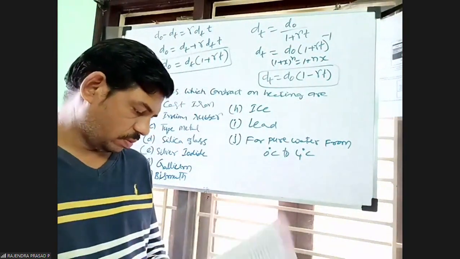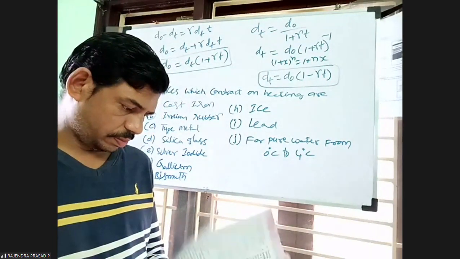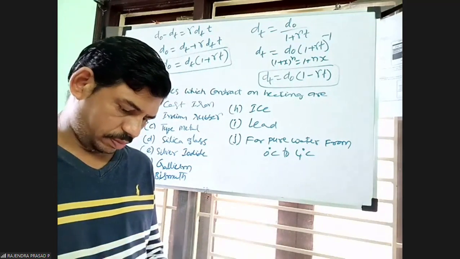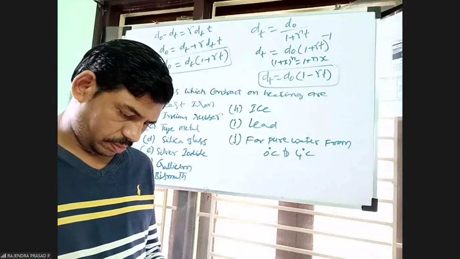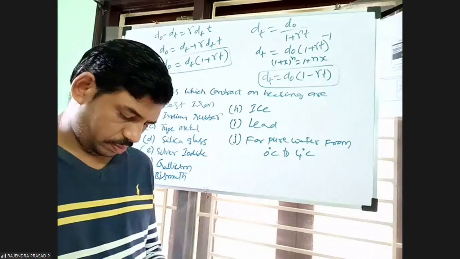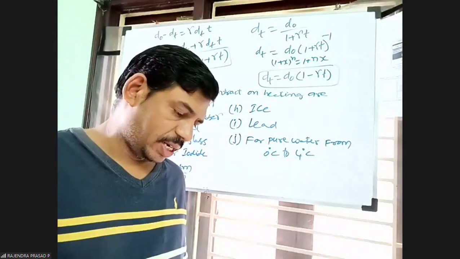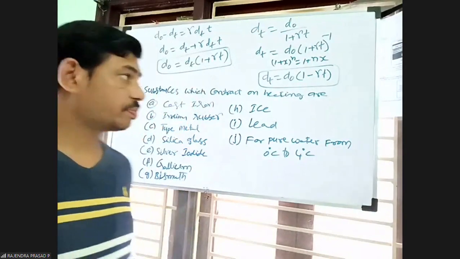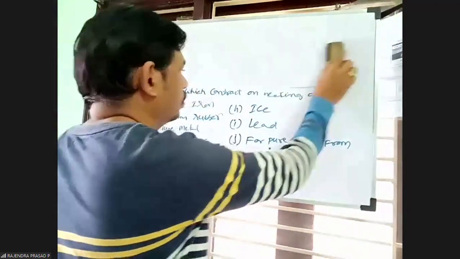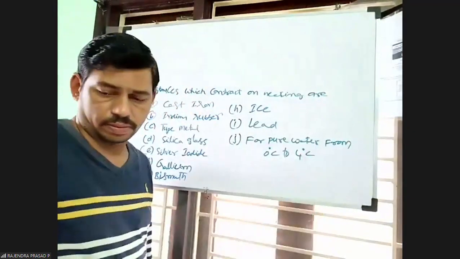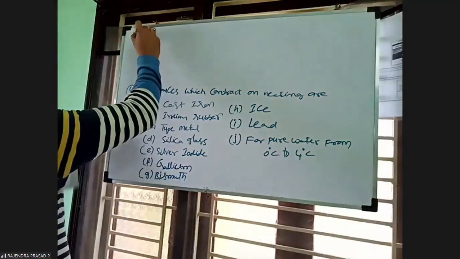Exercise 1, question 57, very, very important. A cylindrical metal rod of length L naught.